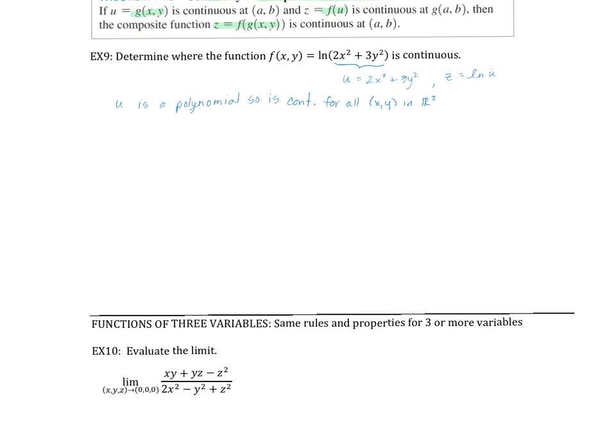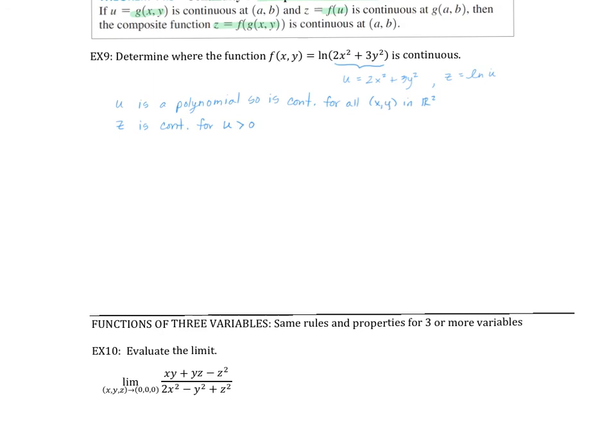But z is the natural log function. So z is continuous for the argument strictly greater than 0. So logs are only defined when their arguments are positive. They cannot be 0 or negative.